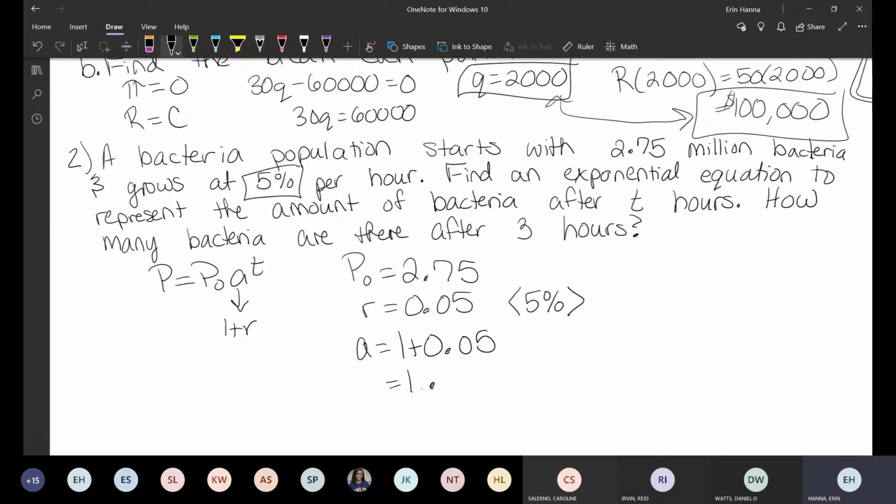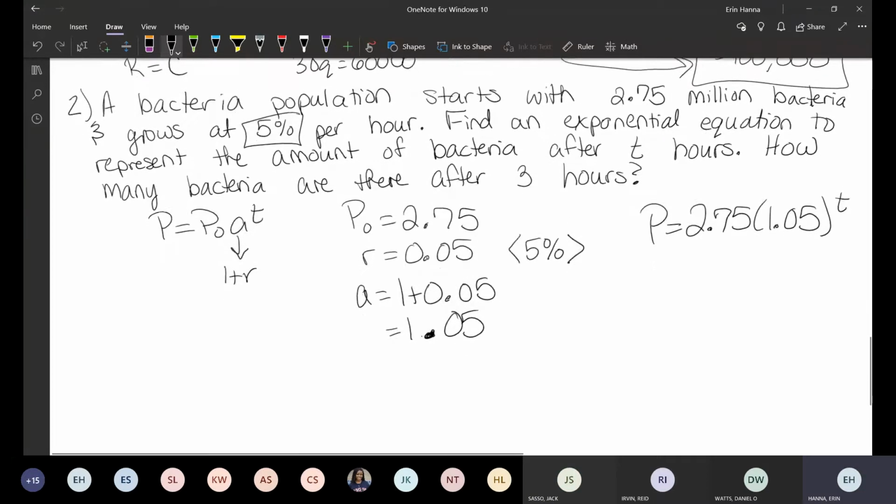So 1.05. Which means that my equation is 2.75 times 1.05 to the t. And then technically we're also asked how many bacteria there are after 3 hours.